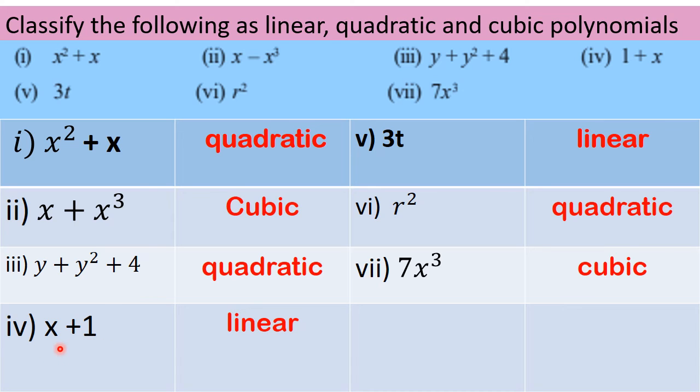And here it is linear because the highest power is 1, and here again it is linear. Here though you have one term, you have to check the highest power, so it is called quadratic. And here it is 7x cube. It is a monomial, but the degree of this polynomial will be cubic.